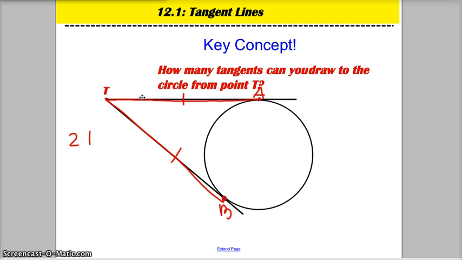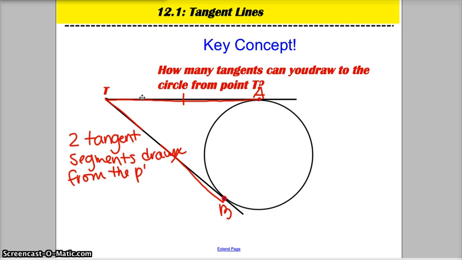So two tangent segments drawn from the same point outside a circle are congruent.